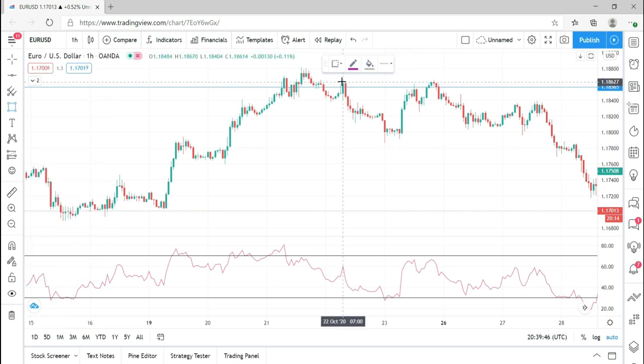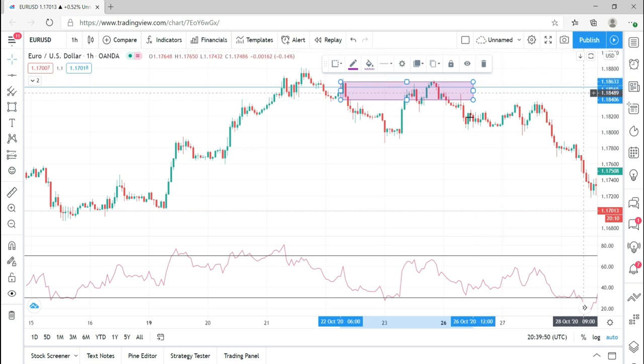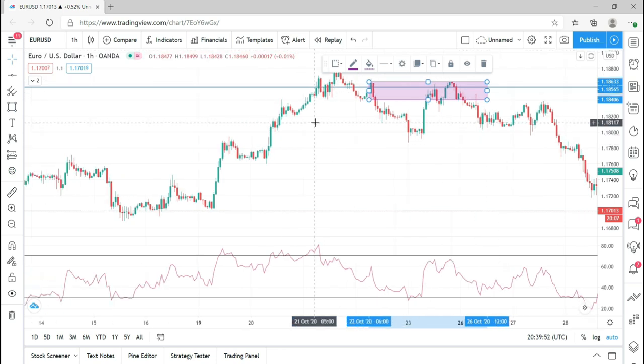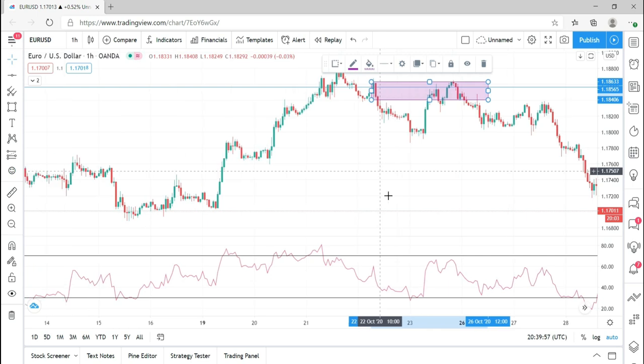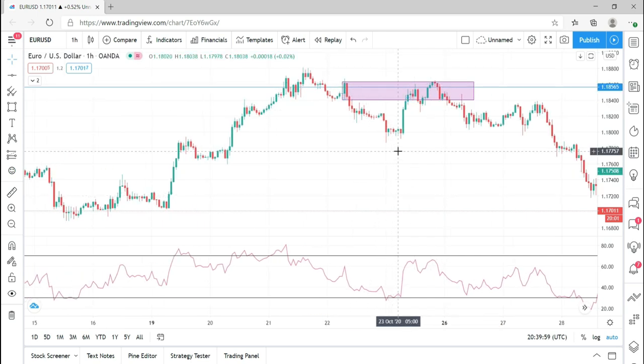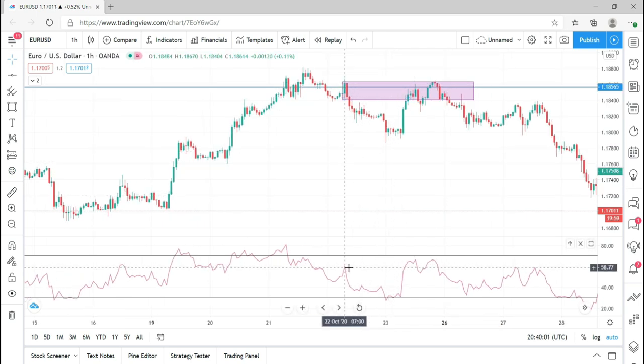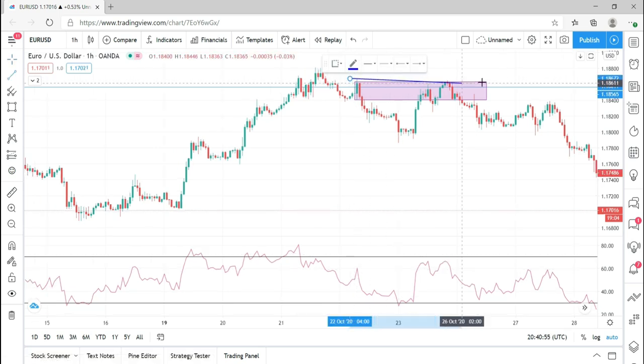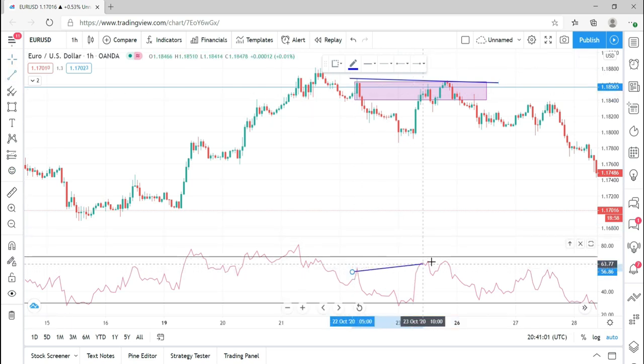So we have supply and demand right here, and we have resistance. Now let's look at our RSI indicator. Do we have divergence? Yes, we do. Let me show you guys that divergence right here.